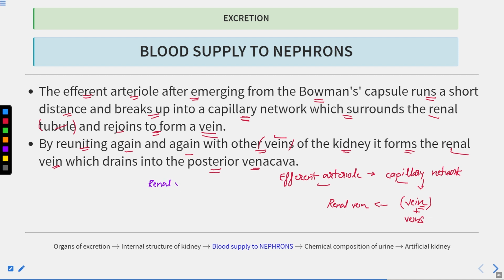The renal vein exits the kidney, so it moves from the kidney towards the heart. And it carries what? It carries the deoxygenated blood.